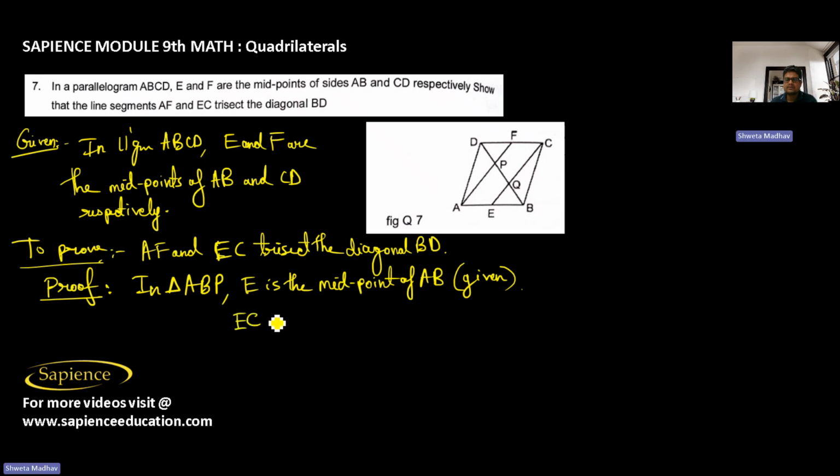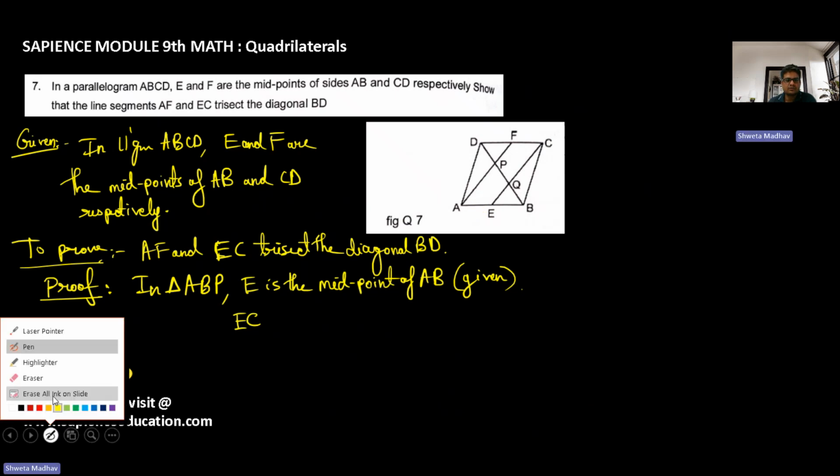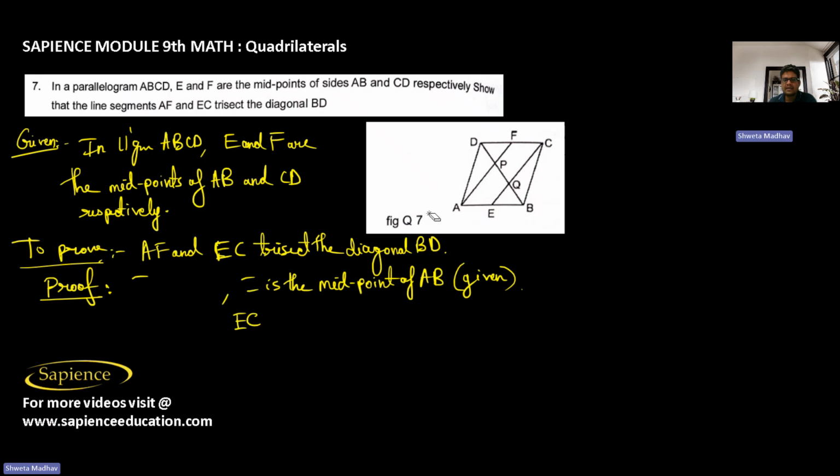And EC. So first we have to show that EC is parallel to AF, so first we have to prove that AECF is a parallelogram.